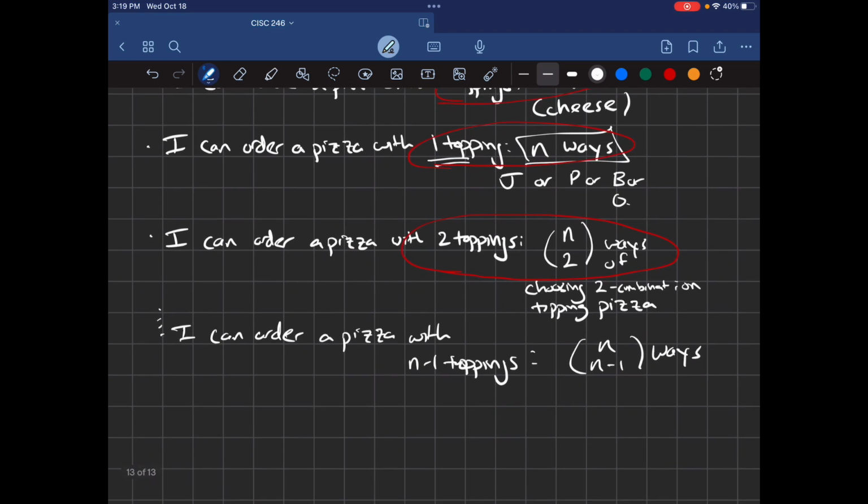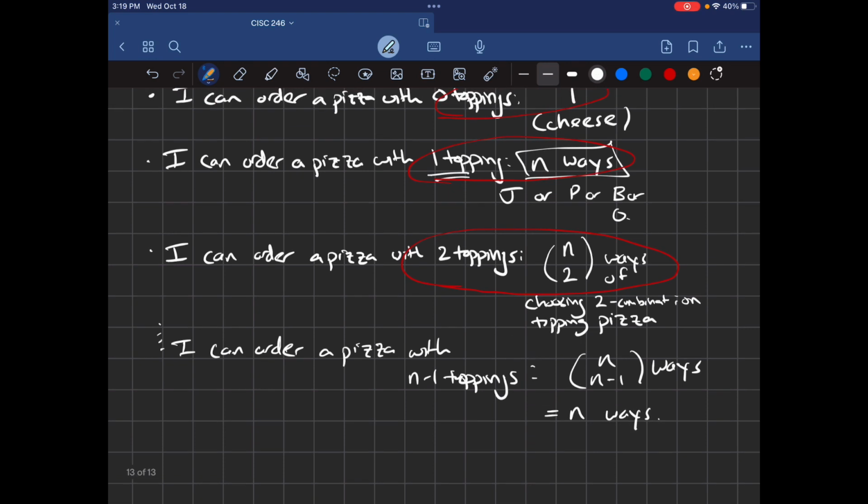And in fact, that would actually be n as well, because if you choose n minus 1 toppings to be on the pizza, you're really choosing the one to be off it, and there's n ways to choose one topping to be off it. So this is actually equal to n as well. And that's from the last video. We actually proved that n choose 1 is really the same as n choose n minus 1.